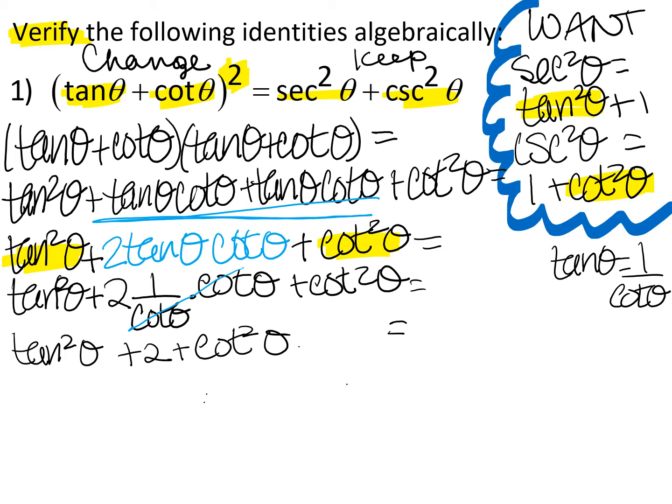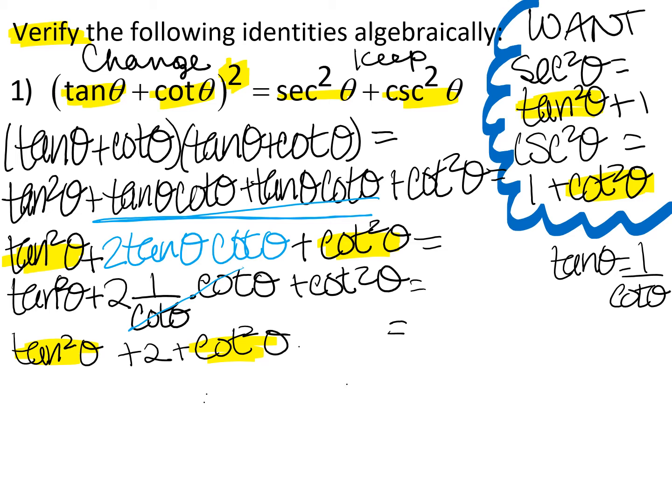So now it's time to use those tangent squared and cotangent squared. Remember, I have those identities up here. Tangent squared, yes, I want to use this identity, but the way it's arranged isn't really going to help me very much because I don't have a plus 1 unless I break apart the plus 2.